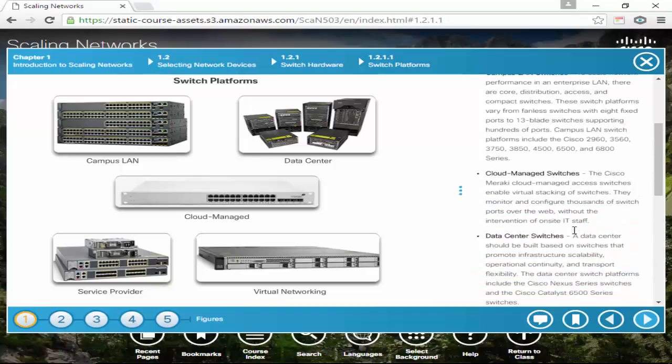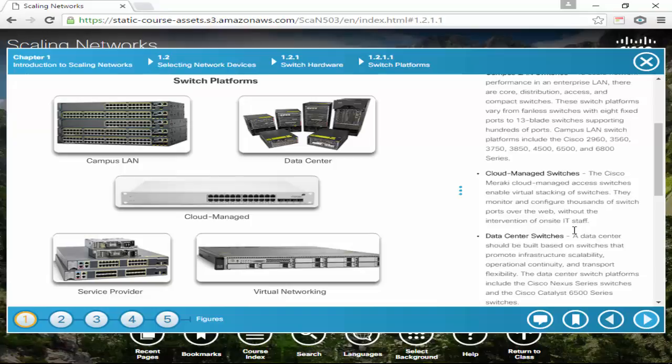Okay, so we have cloud managed switches. So Cisco bought a company known as Meraki, and they make switches, routers, access points, and what they do is they work a lot like a wireless controller. So what it does is they go to the cloud, and you just program them over the web.